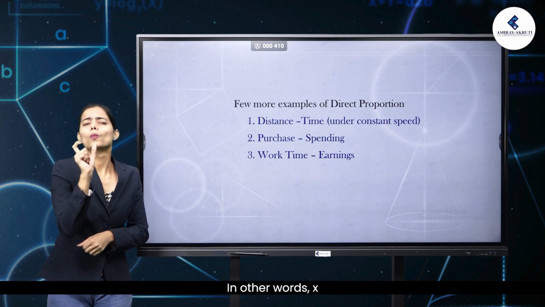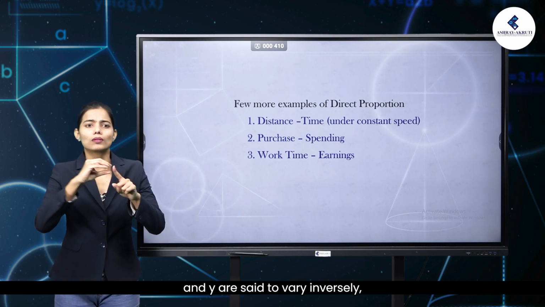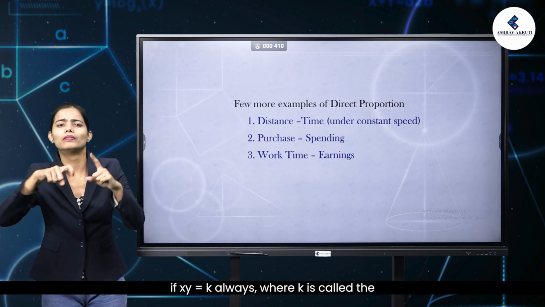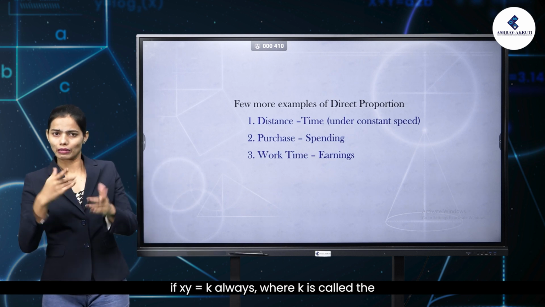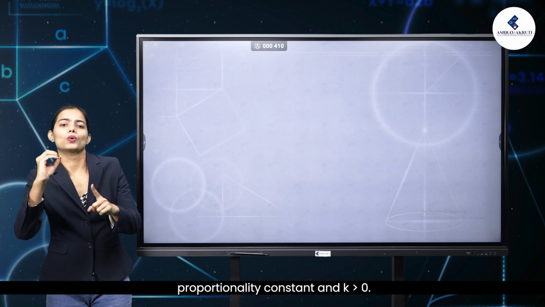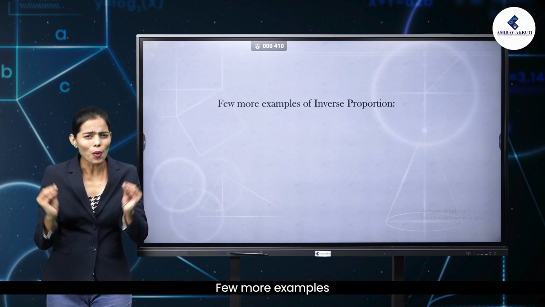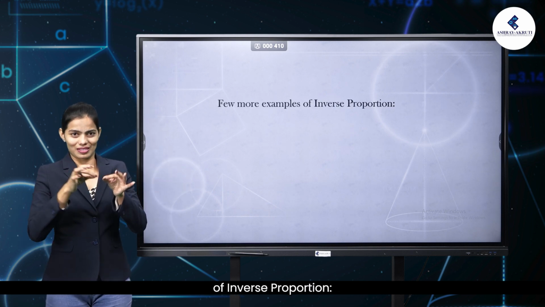In other words, x and y are said to vary inversely if xy is equal to k always, where k is called the proportionality constant and k is not equal to 0.